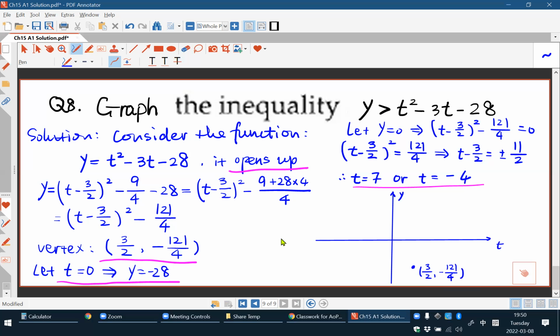Then it opens up, right? So basically it will have a shape like this. In order to draw it, let's have a look at the y-intercept. The y-intercept is negative 28, so this is the y-intercept.